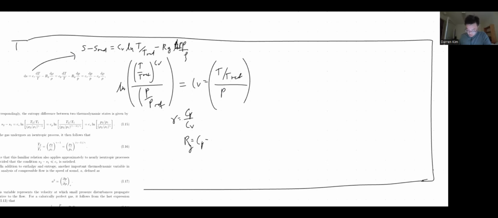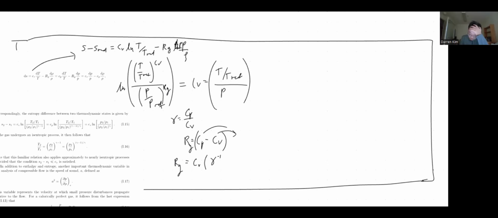Since we're looking for CV, we can grab this form over here, which is RG automatically. And now we're going to move out a CV on each one. So it's going to be CV equals RG, and a CV, we move CV, so it's going to be alpha minus 1 over here, right?